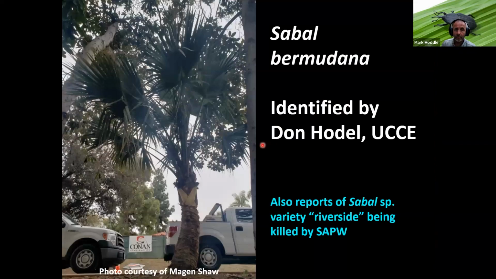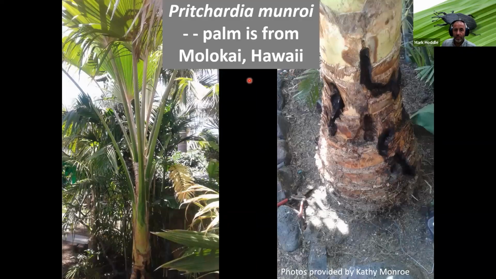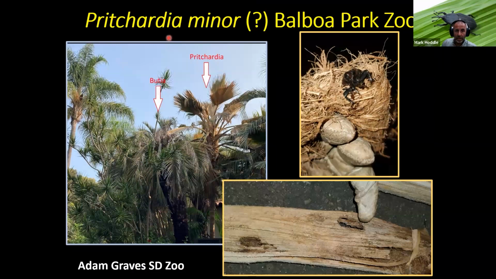Sabal domingensis has been taken out by South American palm weevil. These Molokai palms have been taken out. This is an interesting record because apparently this palm is indigenous to Molokai in Hawaii. It's found nowhere else. I mean, it's endemic to that area and it's growing in people's backyards here. Pritchardia minor has been taken out by the weevil.